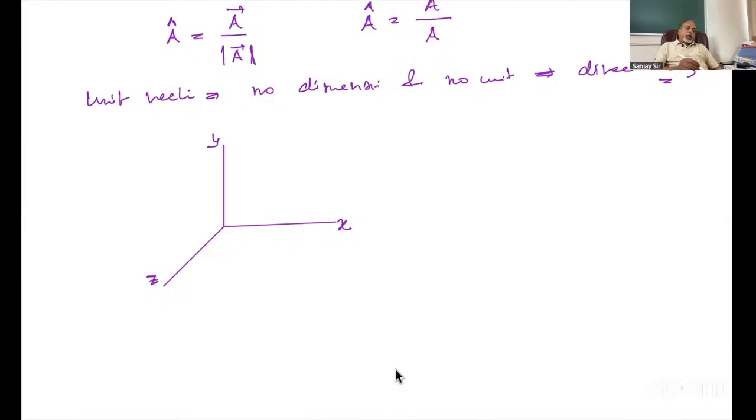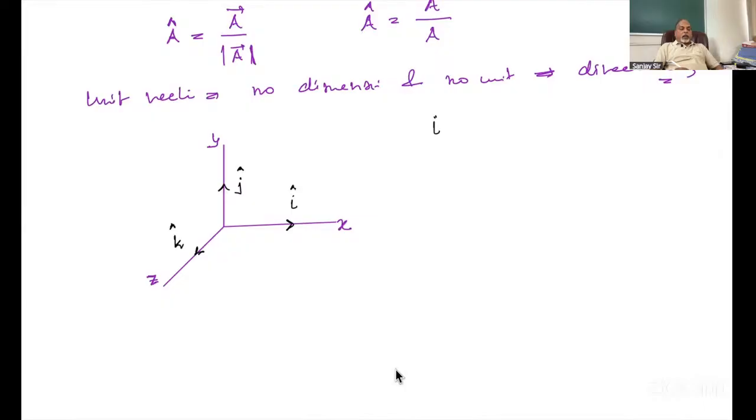Along these directions X, Y, Z, basically we take unit vectors as I along X, J along Y, and K along Z. You can write I, J, K, or you can put a cap also.